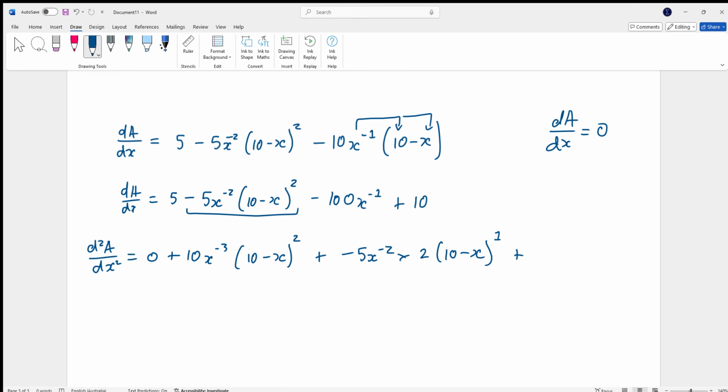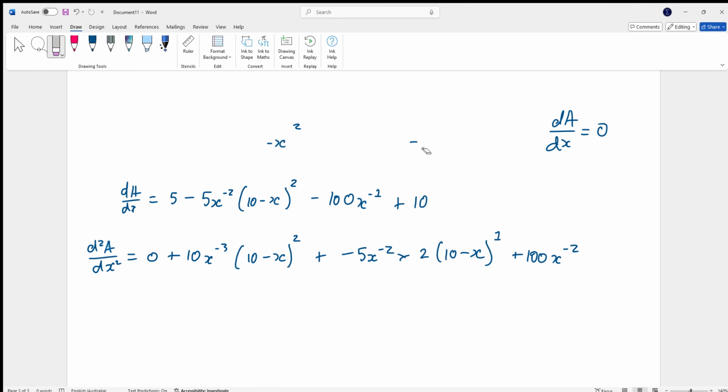Then we differentiate this here, so it's going to be positive 100x to the negative 2, and that's it. Okay, cool. Now that we've got the second derivative, assuming we've done everything right, we have to solve for the first derivative when it's set equal to 0. So what I'm going to do is rub this out.